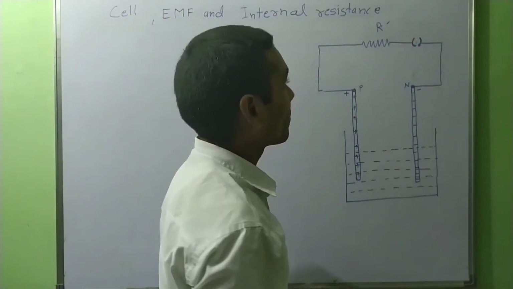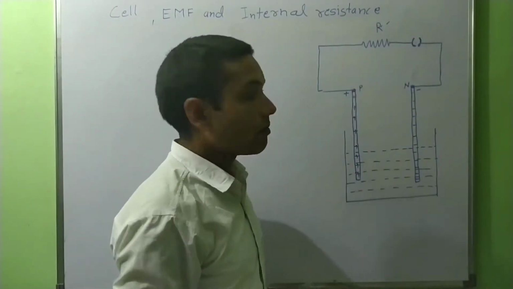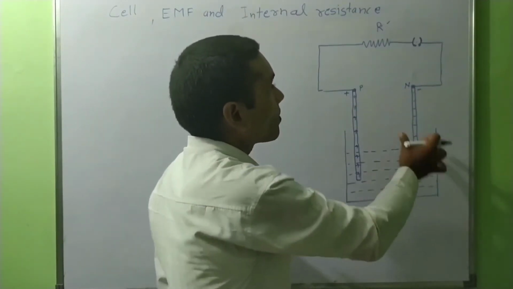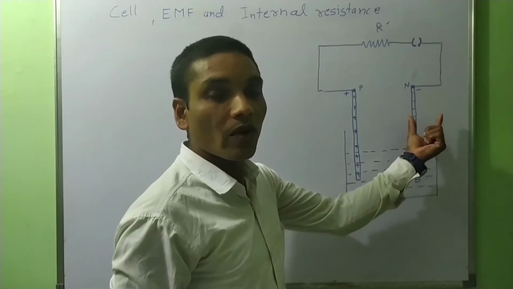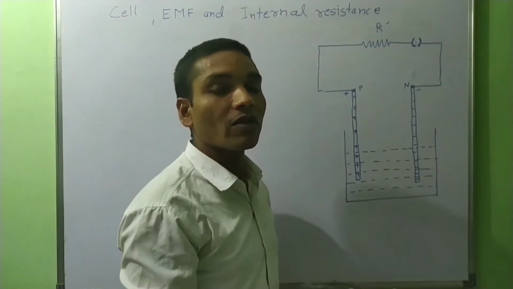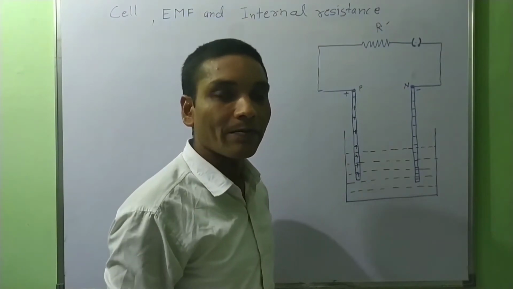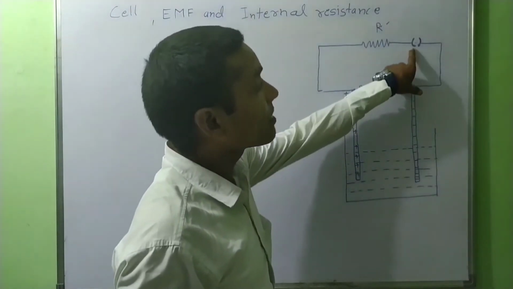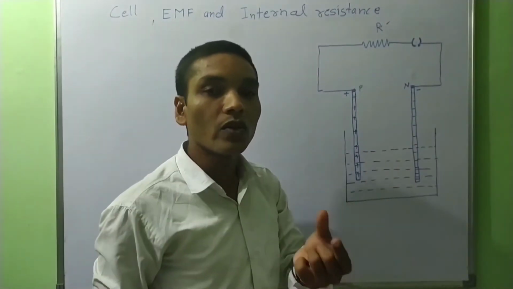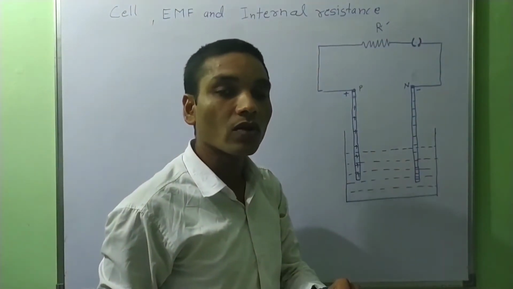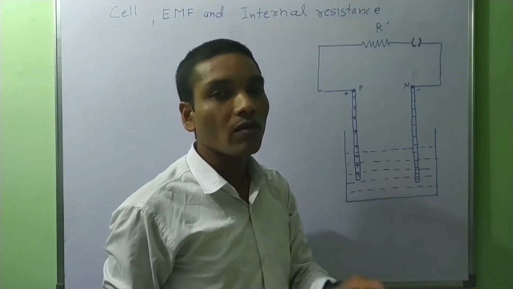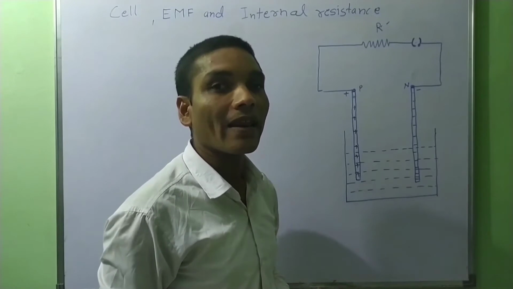Now in the open circuit, because this has positive potential and this has negative potential, a potential difference will be there between the two terminals of the cell. In the open circuit, the potential difference between the two terminals, two electrodes of the cell, is called the electromotive force of the cell.